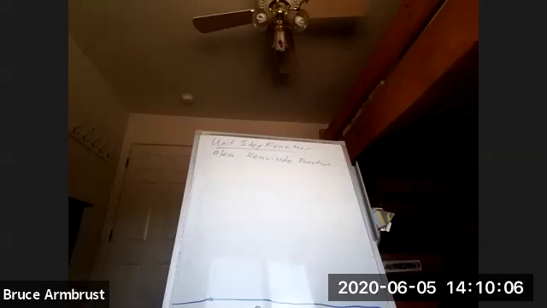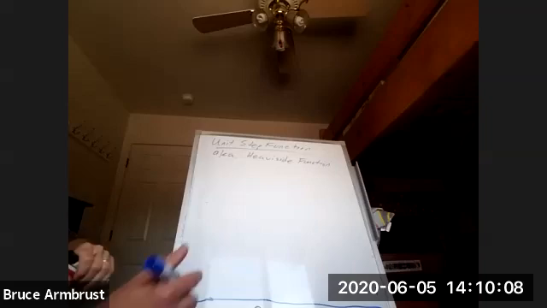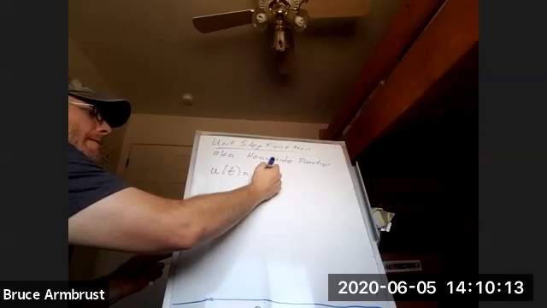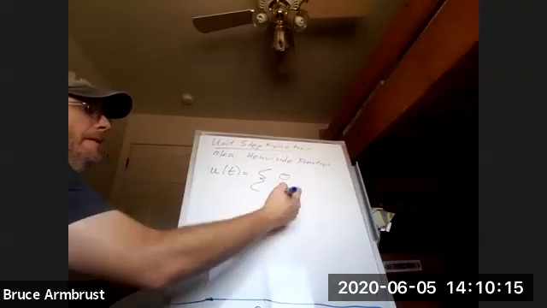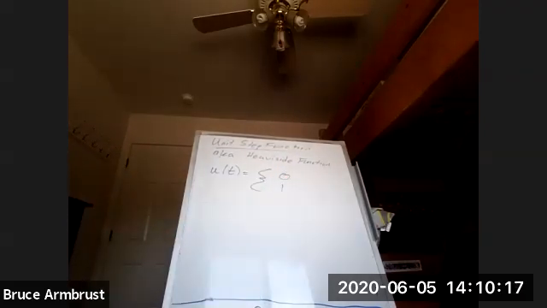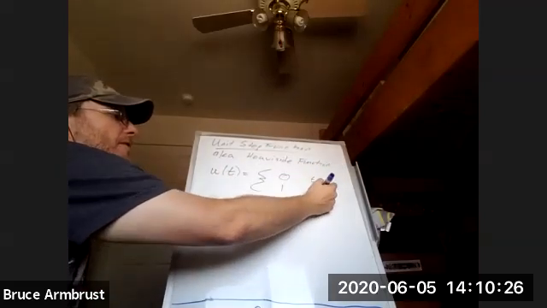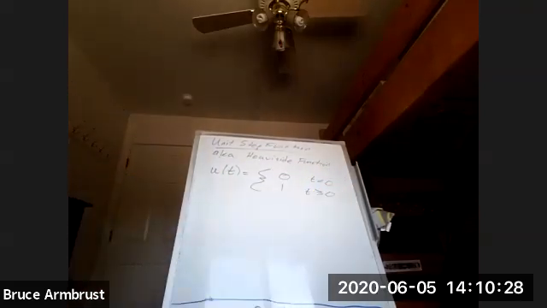Okay, so the unit step function, super easy. U of t, it's a piecewise function that's either 0 or 1. And where it switches is at 0. Okay, so the unit step function is 0 when t is less than 0, and 1 when t is greater than or equal to 0.